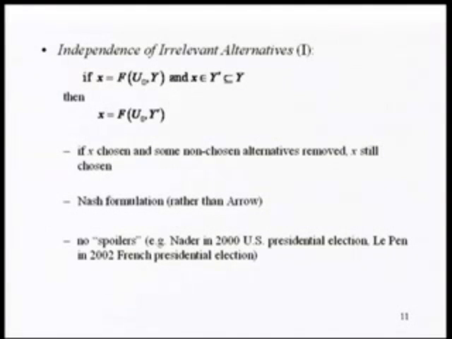I think people here are old enough to recall what happened 8 years ago. Everything came down to the state of Florida. The voting margin between Bush and Gore, the two leading candidates, was minuscule. It was less than 600.